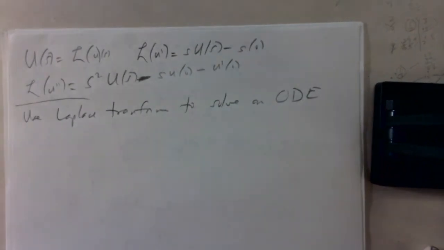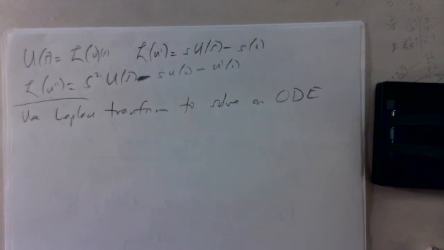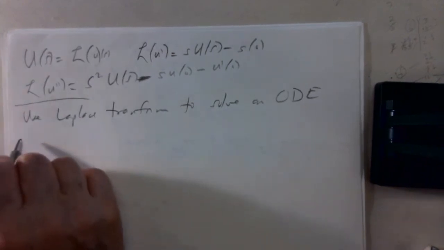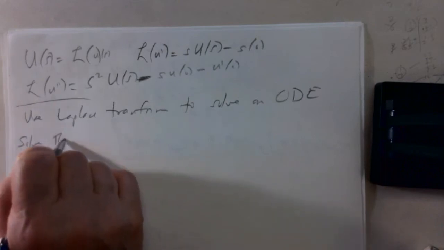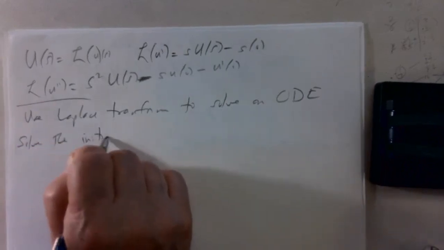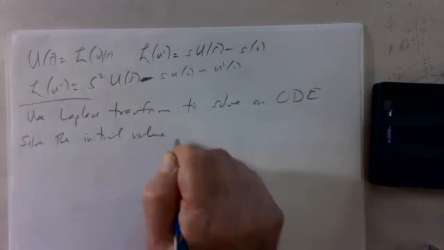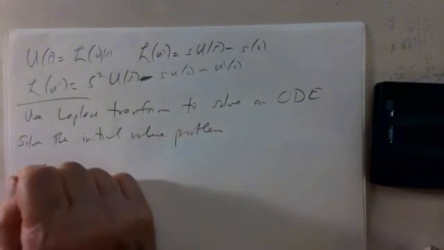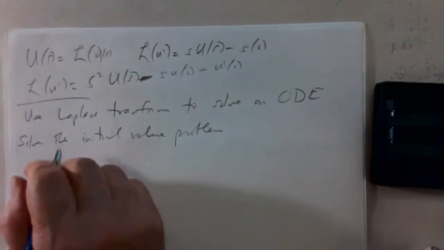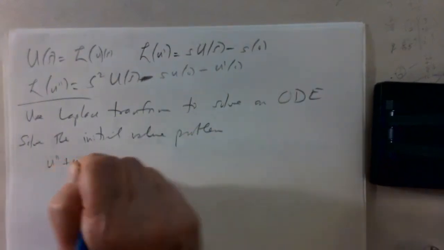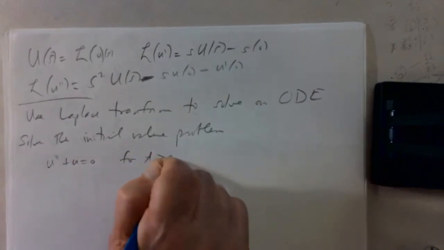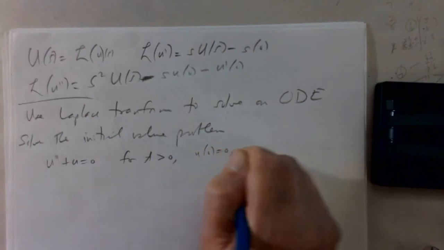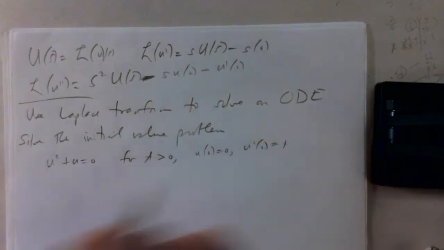So an example that is in the text is: solve the initial value problem u double prime plus u equals 0 for t greater than 0, and we're given the initial conditions u of 0 equals 0, u prime of 0 equals 1.